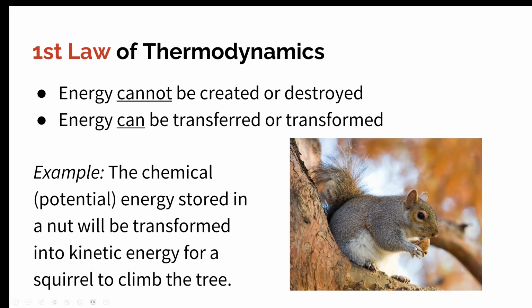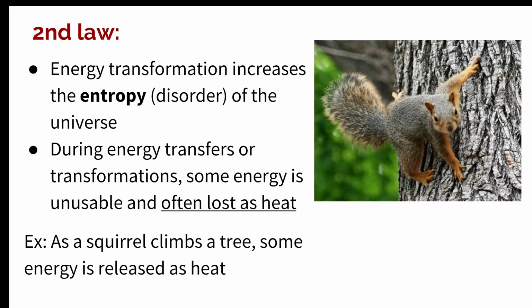So there's never going to be an instance where 100% of the chemical energy in the nut will result in 100% of the energy stored as fat, and that 100% of fat will be turned into 100% of the energy used for kinetic energy. So always you're going to have an instance where some of that energy in the process of conversion is going to be lost as heat. And the more conversions you do, the more heat you're going to lose. And so that's the second law of thermodynamics.